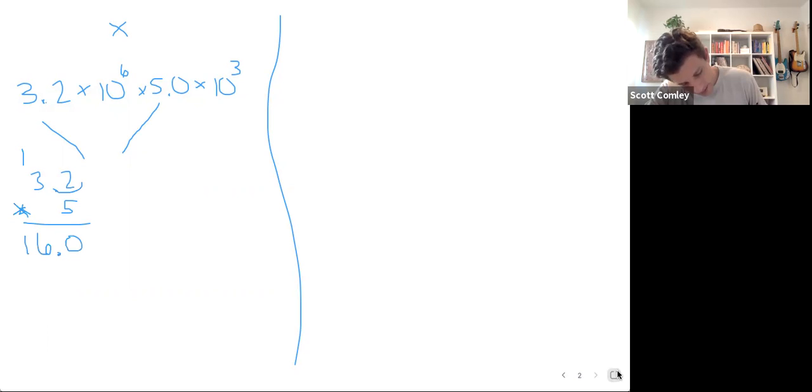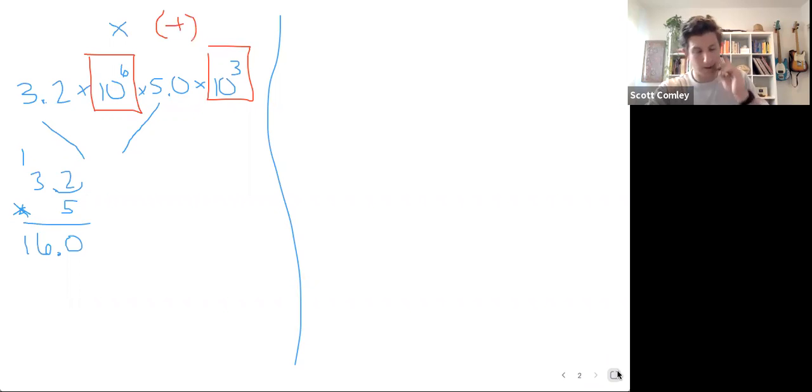And then this is the most important part. Multiplication, think add exponents. A division sign has a subtraction in it, like the part right there is a subtraction symbol.